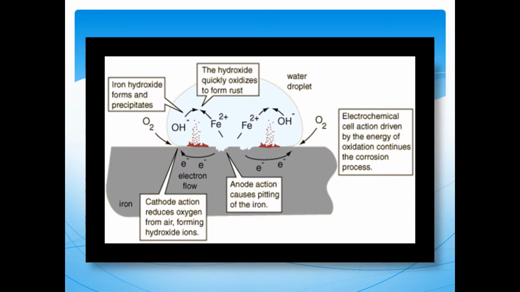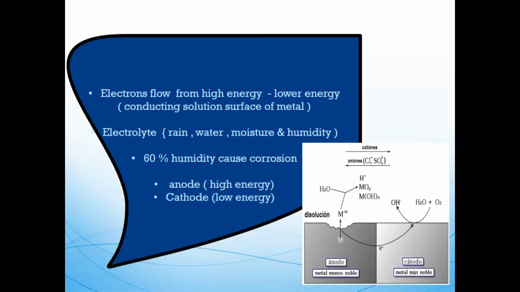Okay, in more detail about the previous picture, how biocorrosion happens. In a corrosion process, electrons flow from high energy to lower energy through a conducting solution on the surface of a metal. This is called the electrolyte, caused maybe by rain, water, moisture, or even humidity.